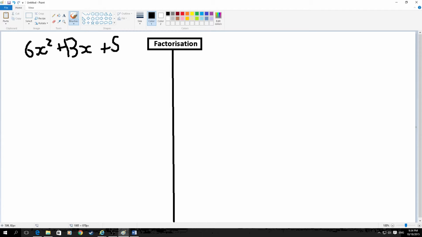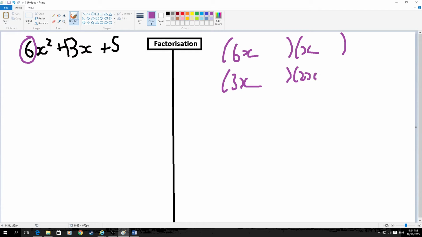This is quite easy because there's not a negative in there. It's good because 6 now is a multiple. So now you can make it 6 in one bracket and x in the other. So you can make it like this: 6x or x, or you can make it 3x and 2x, or the other way around with these two.